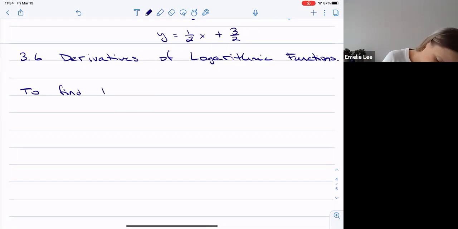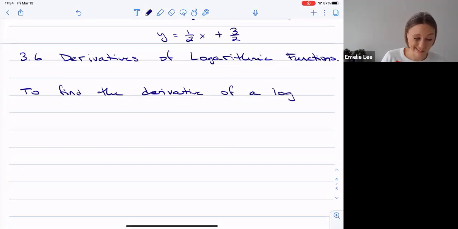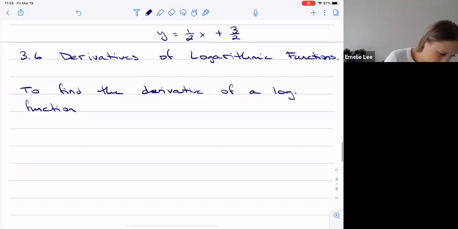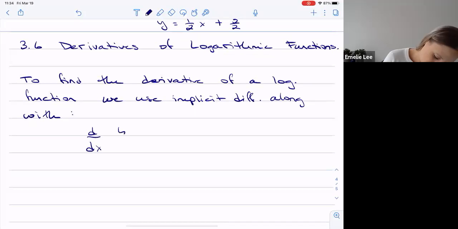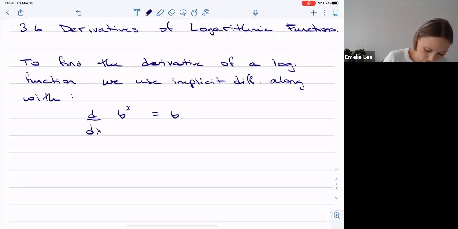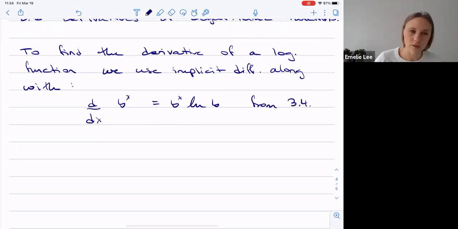To find the derivative of a log function, we use implicit differentiation, which I'm just going to say diff, along with the fact that we already know that the derivative d/dx of b to the x is b to the x times the log of b from section 3.4, right?